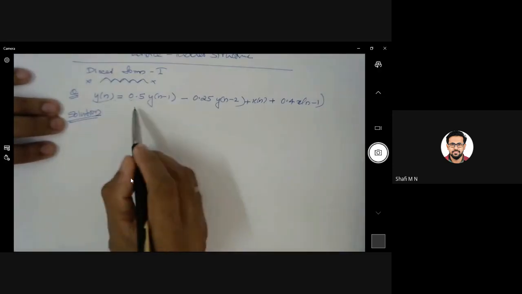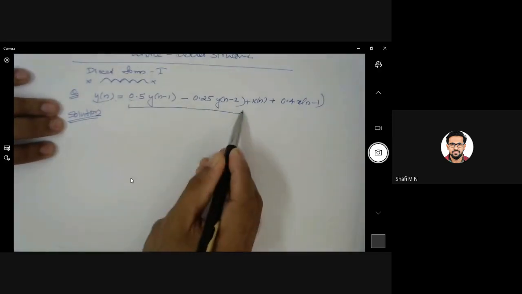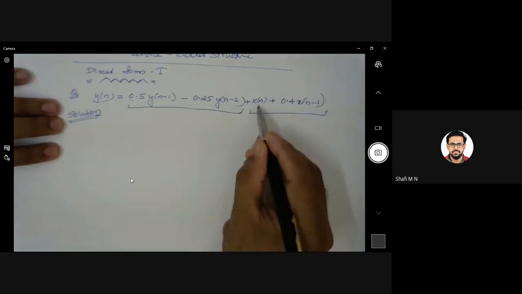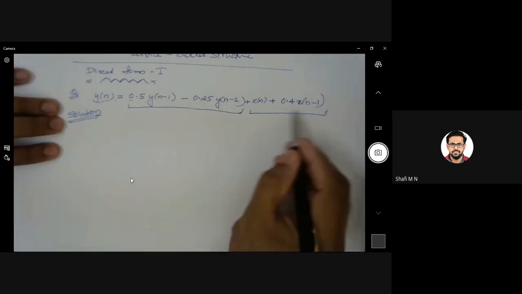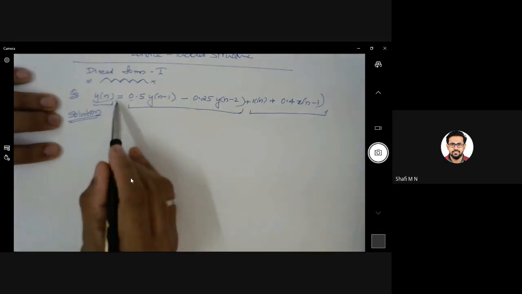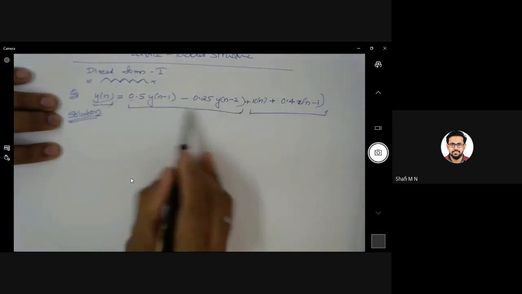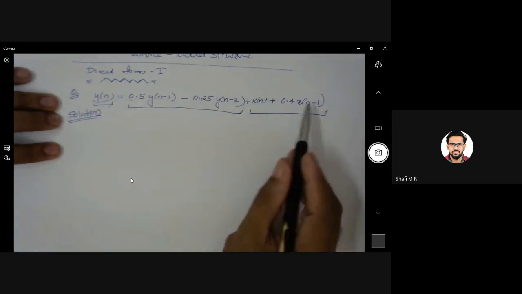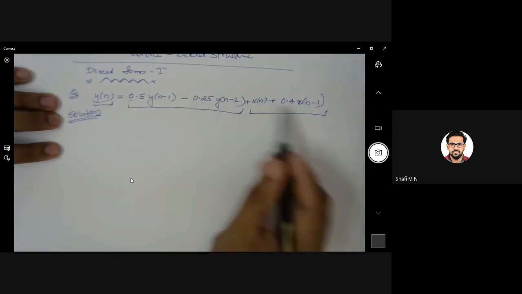You can see all the y of n terms are together here, and all the x of n terms, x of n and its delayed versions, are together. This is the syntax: y of n equal to the terms of y of n plus all other terms of x of n. Even if it is not arranged like that, you have to arrange it like this.